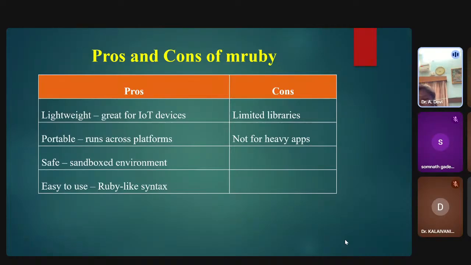That means, for example, you would not build a machine learning system in mruby. It is optimized only for lightweight control, not for large scale computations. So the key takeaway here is that mruby shines when you need simple embedded scripting, but not when you need complex or heavy duty applications.